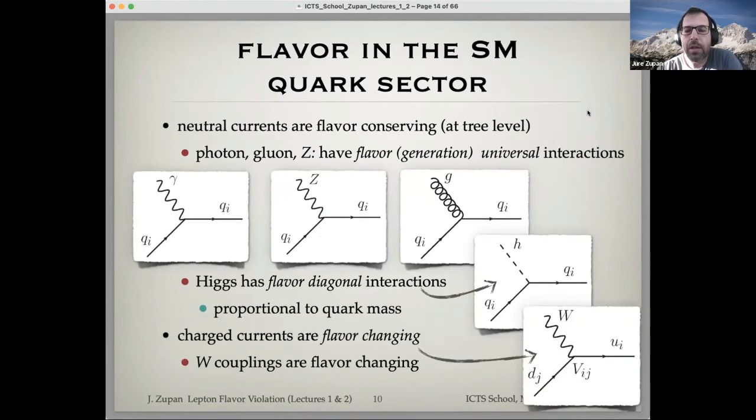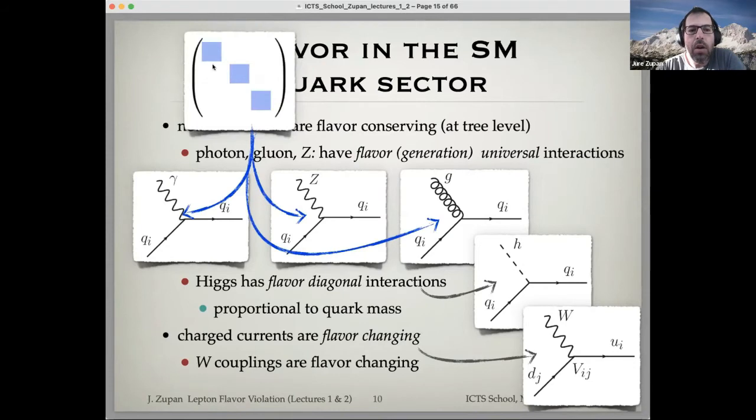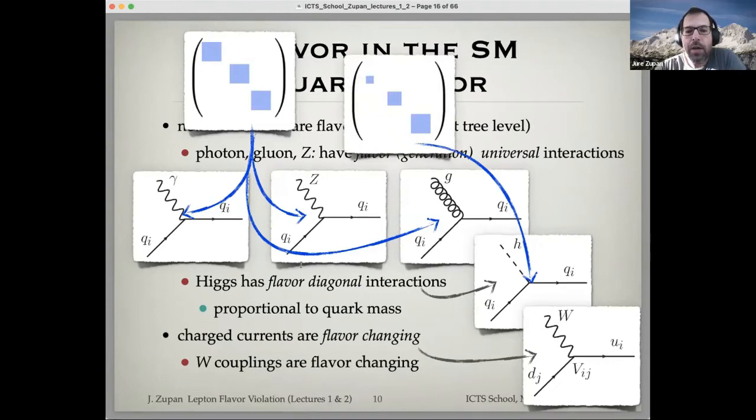All right, so in pictures, let me recap. Maybe the most important thing is the neutral currents are flavor conserving at tree level, so photon, gluon, and the Z. So they have flavor generation-universal interactions. For different generations, all these couplings are exactly the same. The Higgs has flavor diagonal interactions in the standard model. They are flavor diagonal, but they're not flavor universal.